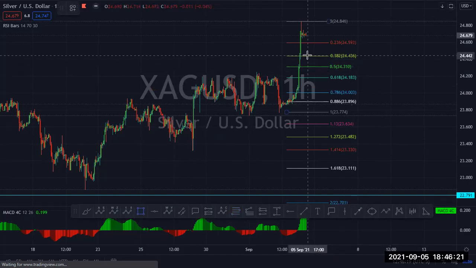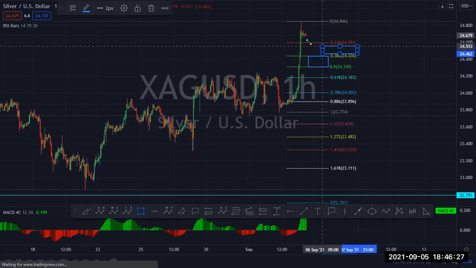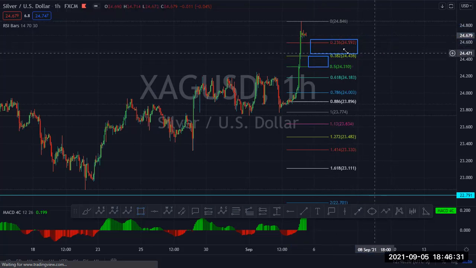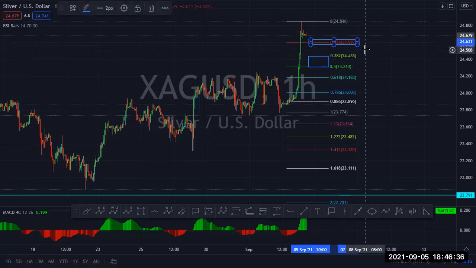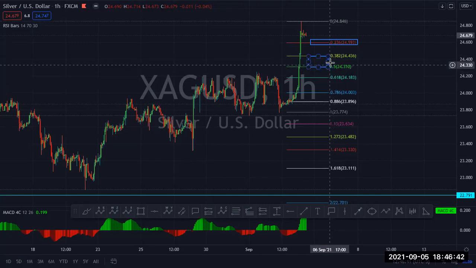So I'm looking at this level also, though we may end up at this level. We may end up here, but this is where I think we are coming to.